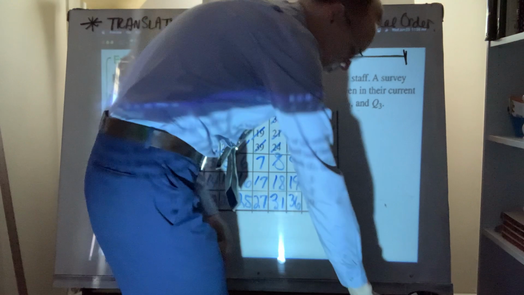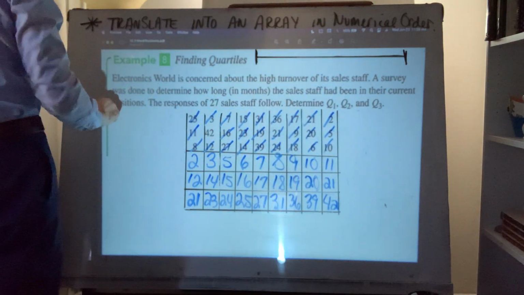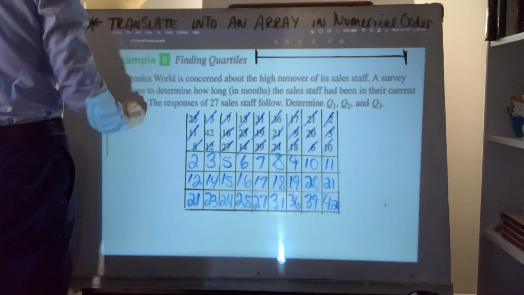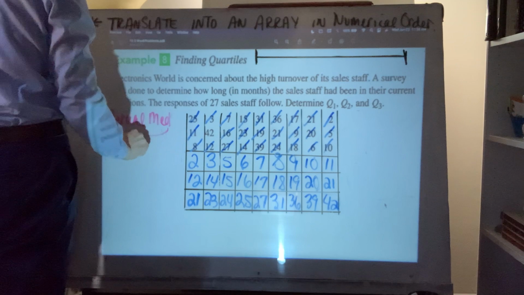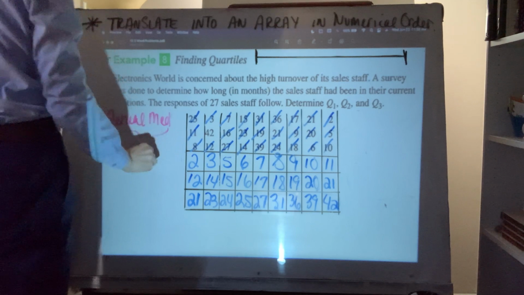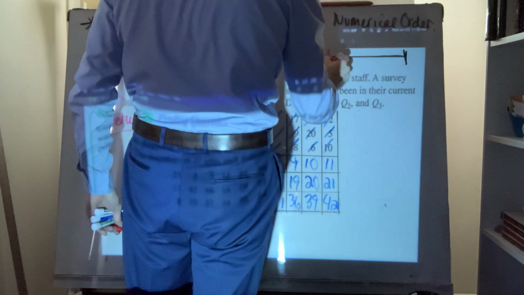We need to establish Q1, the actual genuine median. I'm going to call that Q2. And that will be right smack in the middle, Q2.